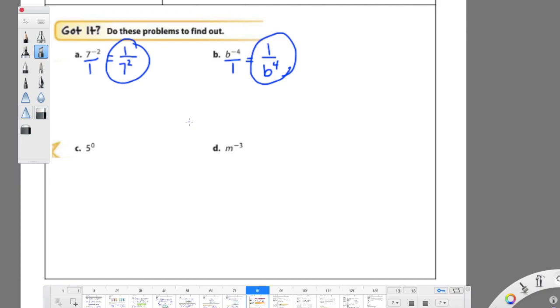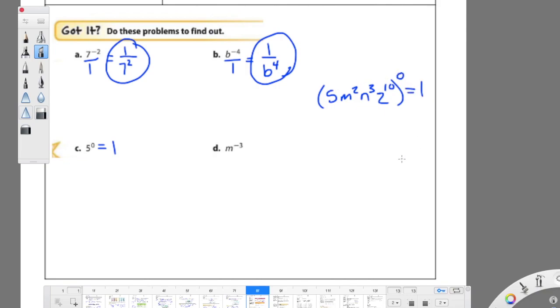So remember, anything to the 0 power, it does not matter what it is. As soon as you see the 0, it equals 1. And I've actually seen some more complicated looking ones. I'm doing z to the 10th power like this, and then they put a 0 on the outside. Well, that means everything is raised to the 0 power. The answer is 1.